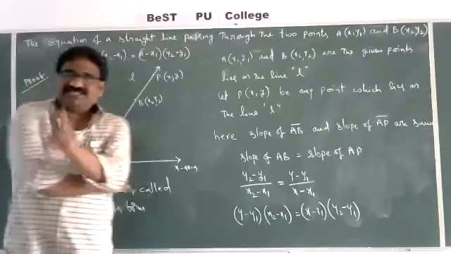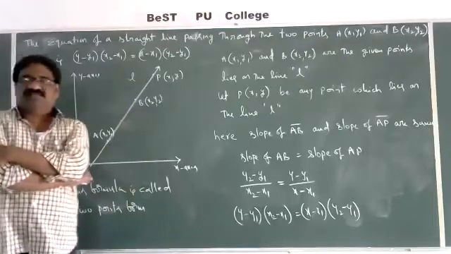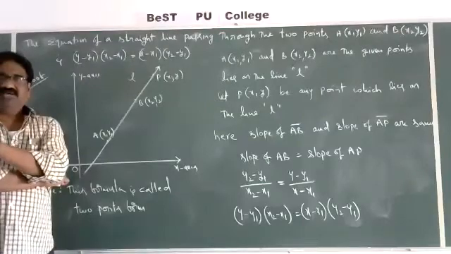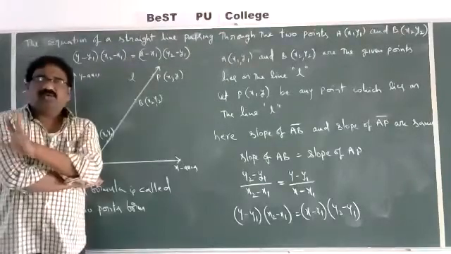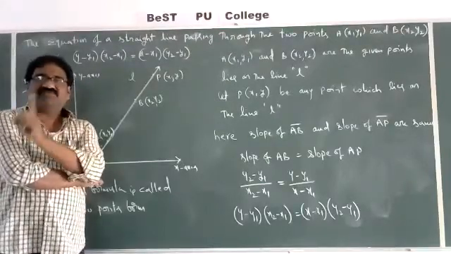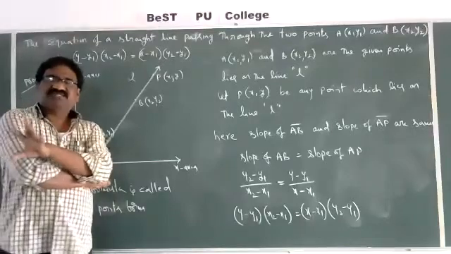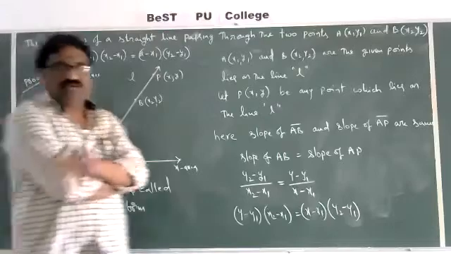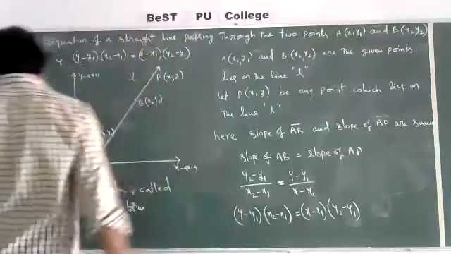So today we discussed 2 formulas, that is the slope point form, y minus y1 is equal to m into (x minus x1), and the 2-point form, that is (y minus y1) into (x2 minus x1) is equal to (x minus x1) into (y2 minus y1). Some problems will be discussed on these 2 formulas.